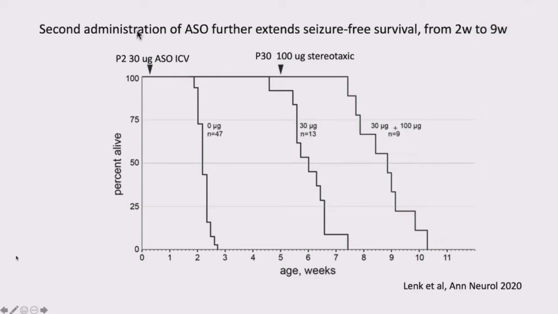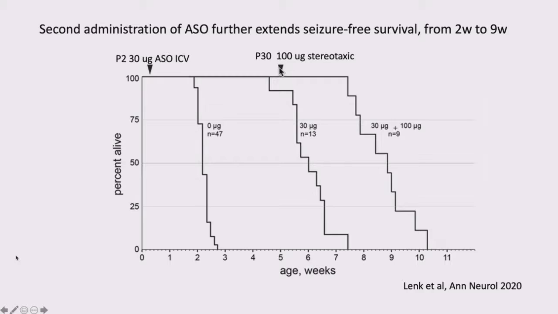We also demonstrated that a second administration of the ASO would further extend the seizure-free survival. So here we have our untreated mice dying between 2 and 3 weeks of age, with the ASO given at P2, we're surviving for 5 or 6 weeks.